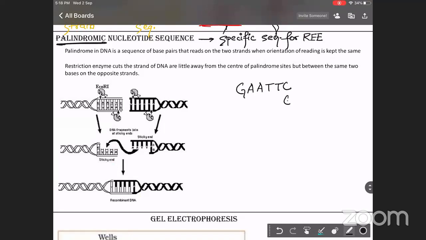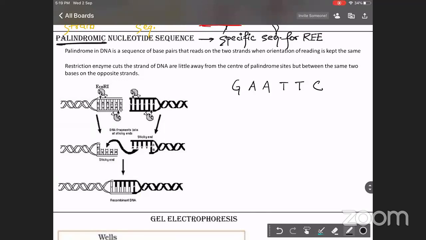GATTC. Can anyone tell me its complementary? We have all gone through genetics. Tell me its complementary nucleotides.